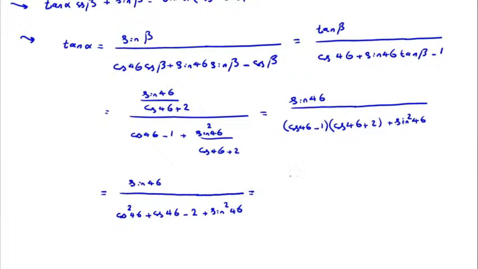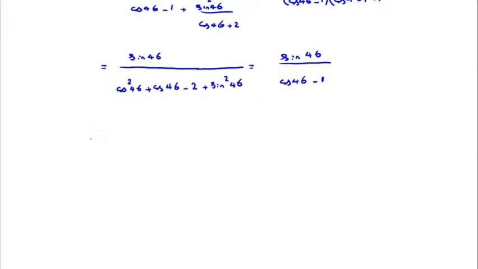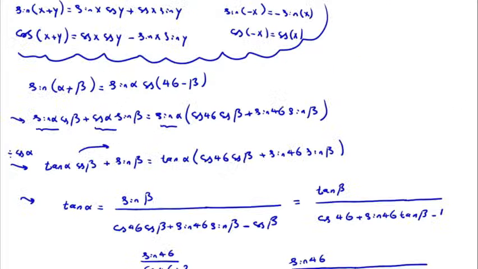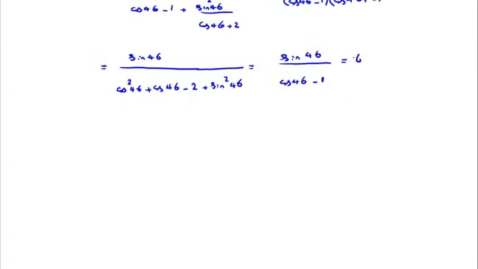Now, it will be sine 46 in the numerator. Cos squared 46 plus sine squared 46 will be 1. 1 minus 2 will be negative 1. So it will be cos 46 minus 1. Now we have a famous rule that is similar to this, because it is what we want to find: alpha, it is tangent alpha. Okay.